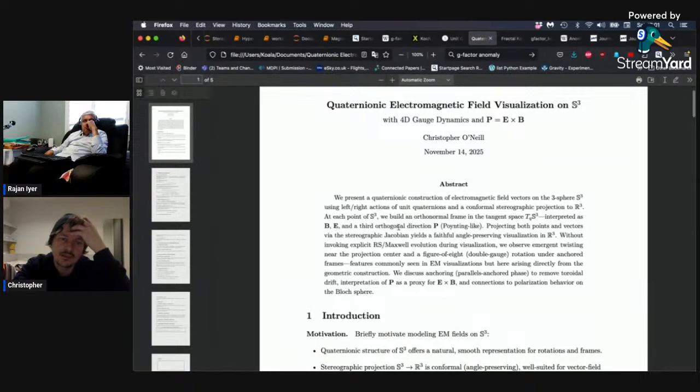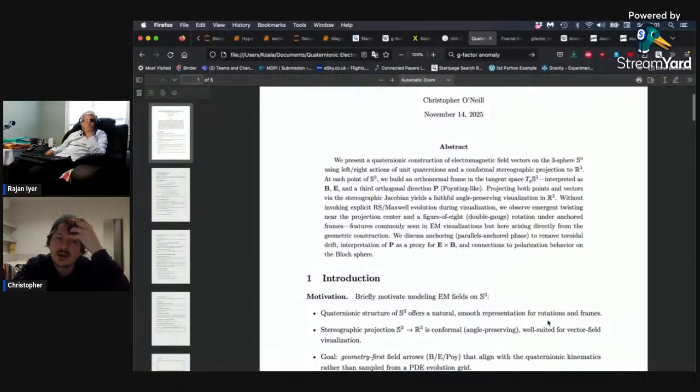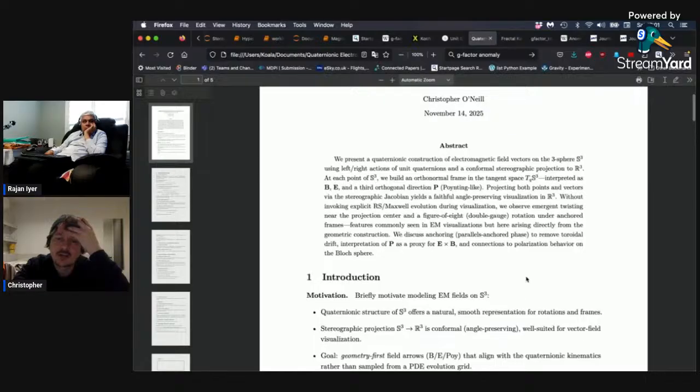We have the B, the E, and a third orthogonal direction, projecting both points and vectors via the stereographic Jacobian fields. Right, so we get a faithful angle-preserving visualization in R3. And that's because the stereographic projection essentially does that. It gives you faithful projection.